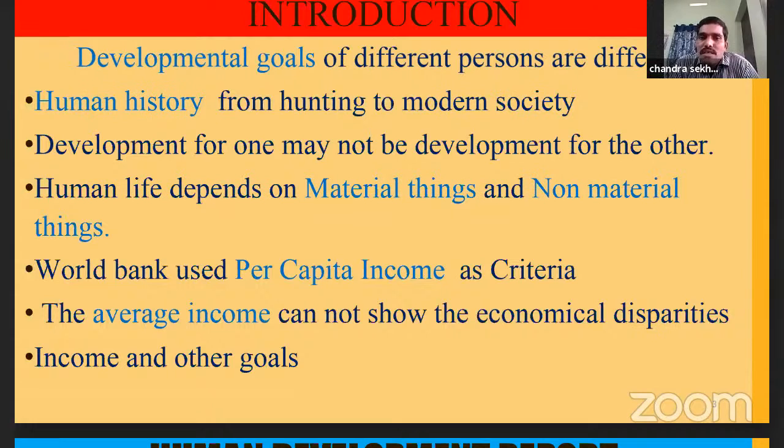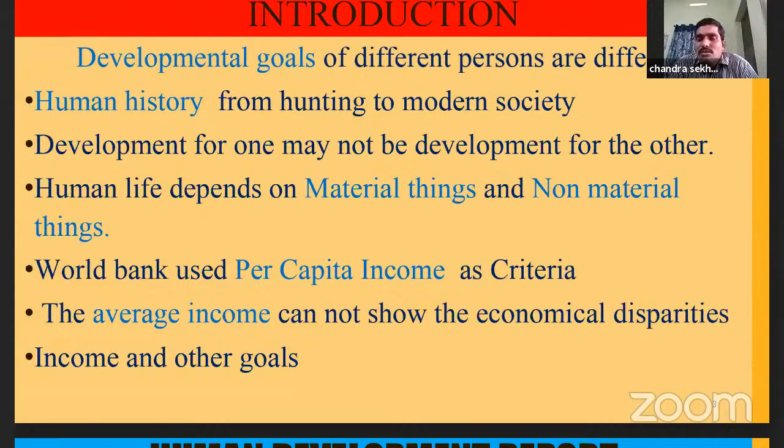From human history, starting from hunter-gatherers' time to modern society now, so much development has happened. At the time of hunter-gatherers, they thought only about food gathering and protection. They wanted to protect themselves from nature and wild animals when living in forest areas. From that day onwards, they started understanding the surroundings and nature. Slowly they got knowledge about the surroundings, environmental changes, and seasonal changes, what is happening in different seasons.